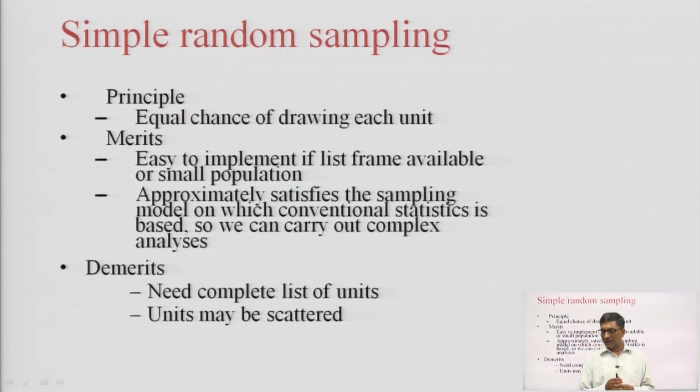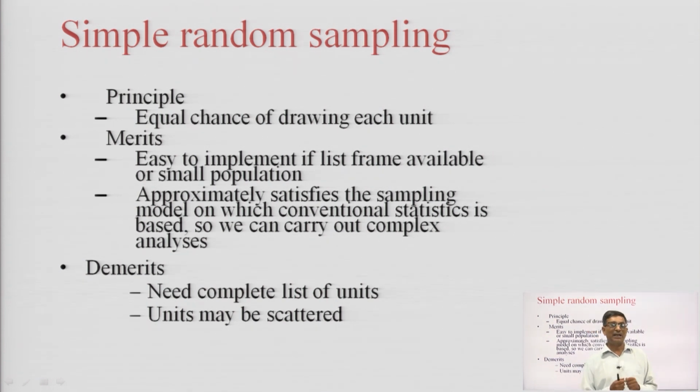Now, first is simple random sampling. In simple random sampling, the principle is the equal chance of drawing each unit. Random means everybody has an equal chance to be selected in the sample.